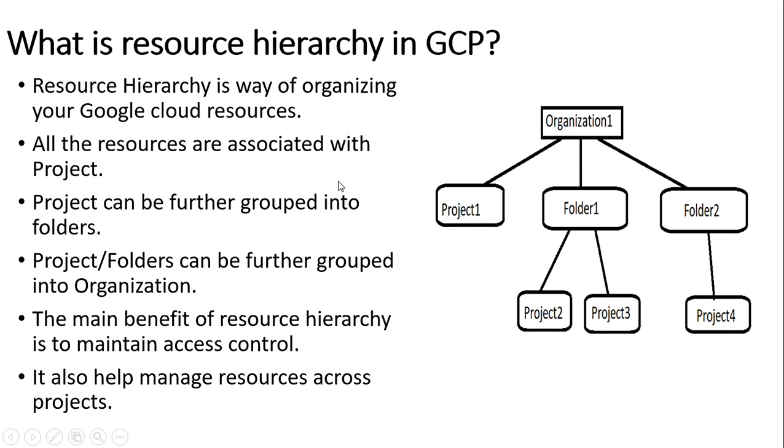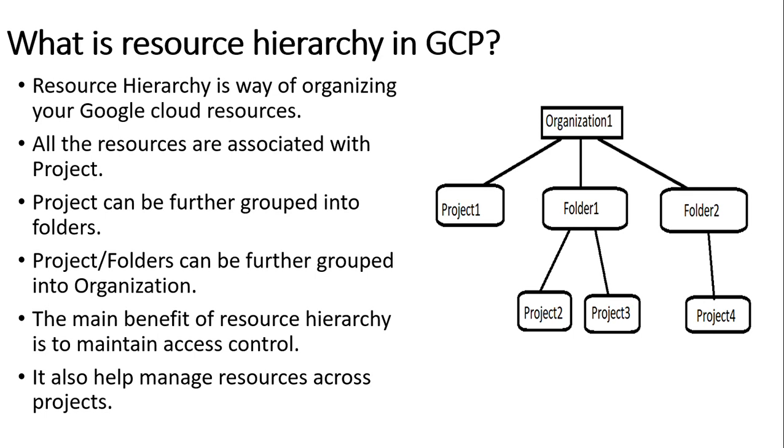As you've seen, inside the project you can access resources and Google services. This project, folder and organization, everything together we call the resource hierarchy. Resource hierarchy is a way of organizing your cloud resources. All the resources are associated with a project. For example, BigQuery, cloud storage, Bigtable, PubSub, those things will be associated with your specific project.